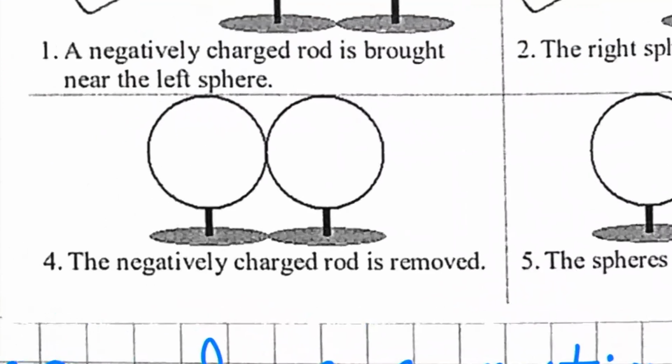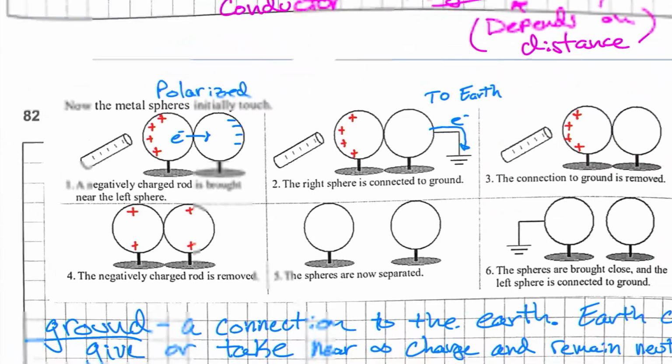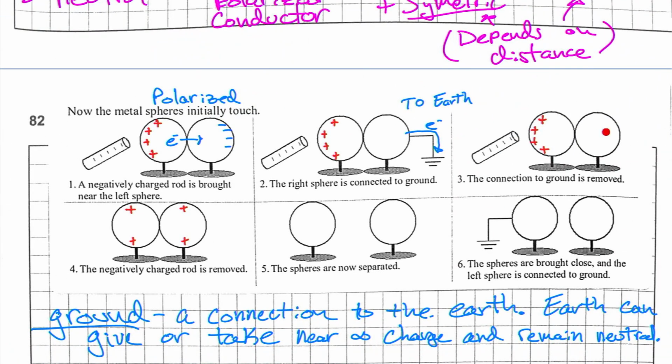Now the negative charge is removed. These positive charges are going to distribute themselves symmetrically because they repel each other. Now, remember, the positive charges aren't actually distributing themselves. What's happening is that the electrons that were over on this side, some of the electrons are getting attracted to these protons.